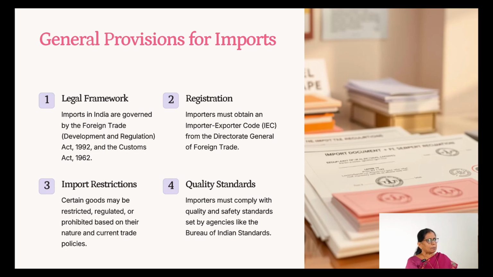Importers must also comply with various quality and safety standards, adhering to the regulations set by agencies such as the Bureau of Indian Standards (BIS). These standards help protect consumers and ensure that imported goods meet local requirements for quality and safety. Let's move on.